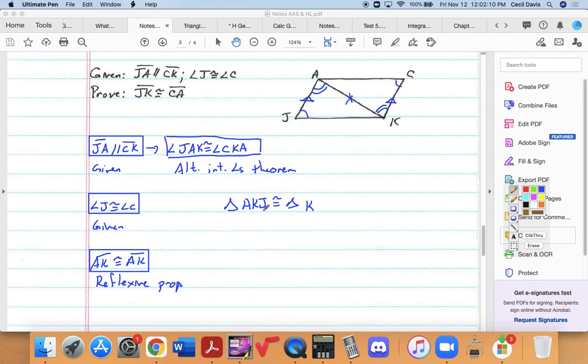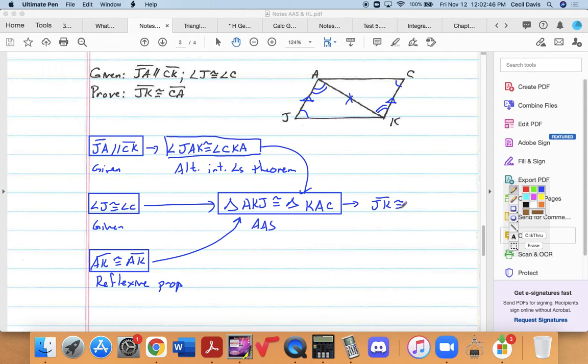J matches up with C. KAC. Someone tell me what's the reason for that? Yes, Cameron. Yep, it's angle, angle, side. And then that's enough to then know that the corresponding parts are congruent. JK is congruent to CA by the definition of congruent triangles.